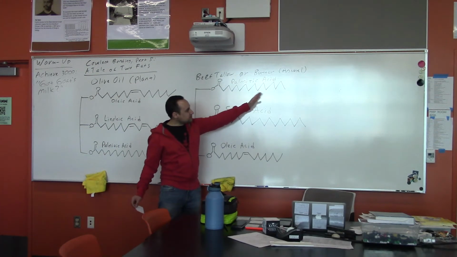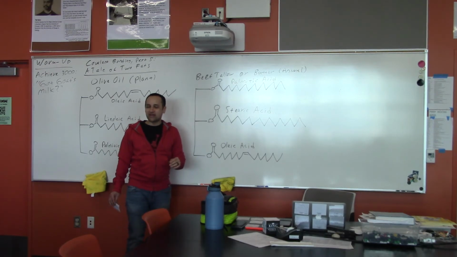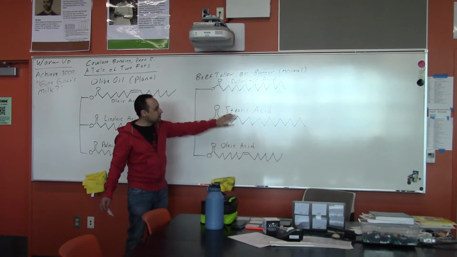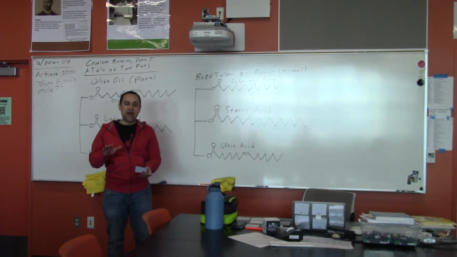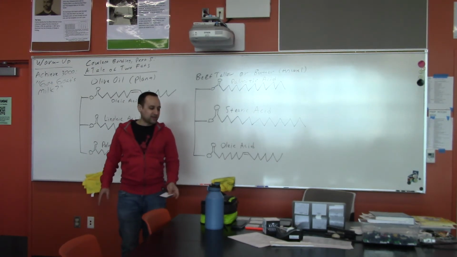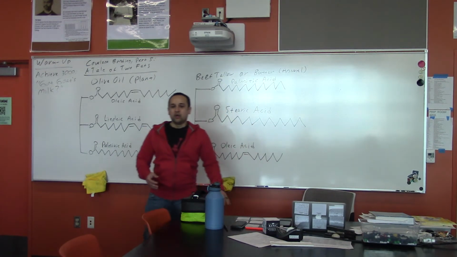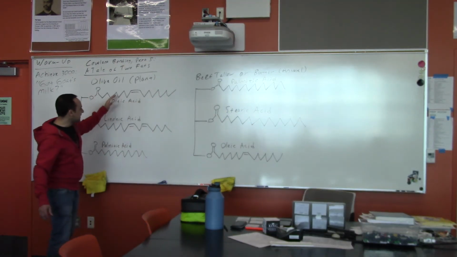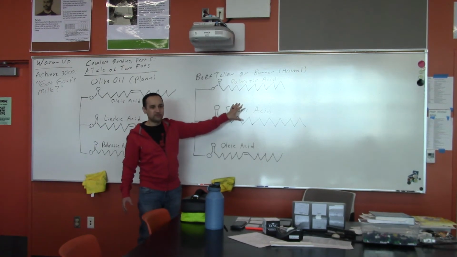But these straighter chains, which we call saturated fatty acid chains, can stack on top of each other very nicely. And because they can pack really nicely, they can interact with one another more strongly than these chains can. So these guys stack on top of each other a little better.